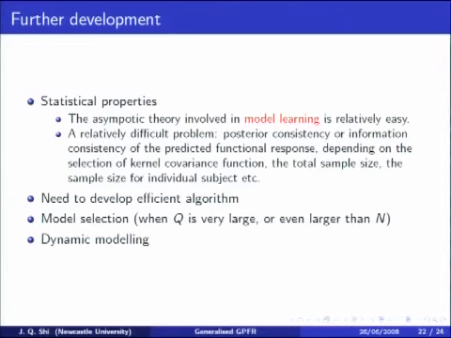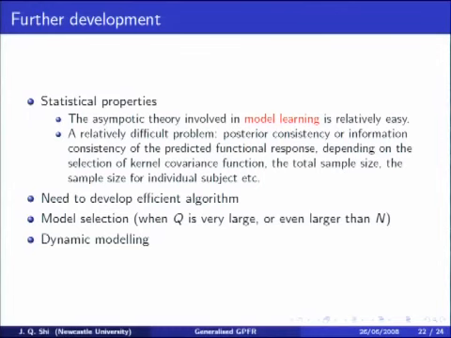The difficult part is how to consider the posterior consistency and information consistency for those predictor functional responses. This is because we combine the two types of information, so the error bound or the consistency depends on the different types of kernel covariance function. It also depends on the total sample size, and on the sample size for each individual subject.